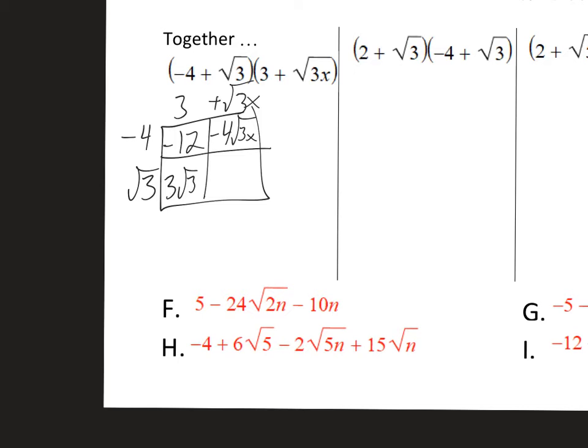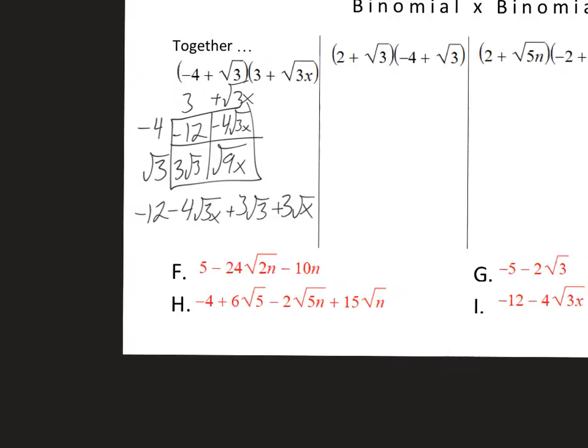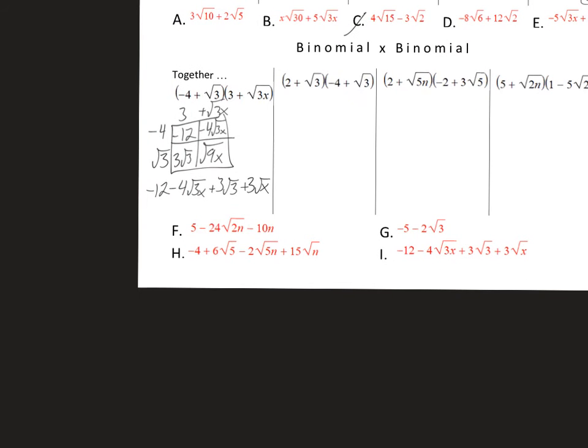And that is radical 9x. Okay, so then I would take this and say, I have negative 12 minus 4 radical 3x plus 3 radical 3 plus square root of 9x is 3 radical x. Where does that show up? That is I.